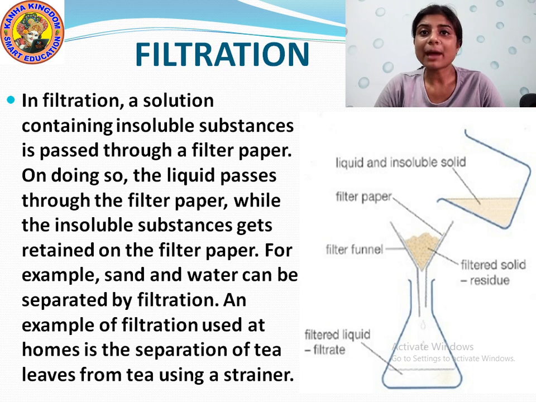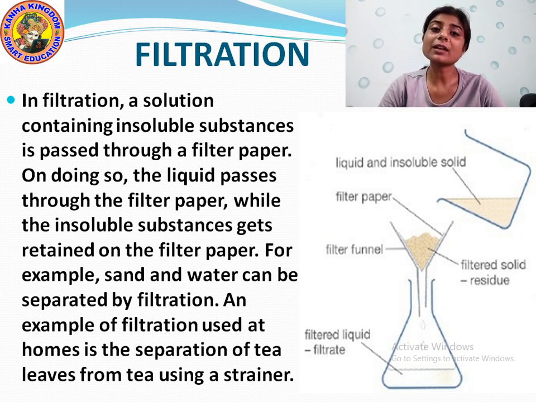An example of filtration used at homes is the separation of tea leaves from tea using a strainer. When your mother prepares tea, she strains the tea leaves. We strain the tea leaves by using a strainer. The tea is poured into the cup and the tea leaves remain on the strainer.